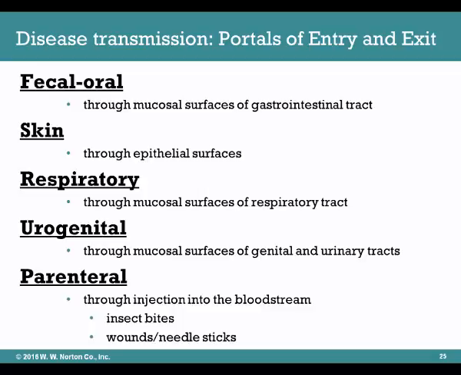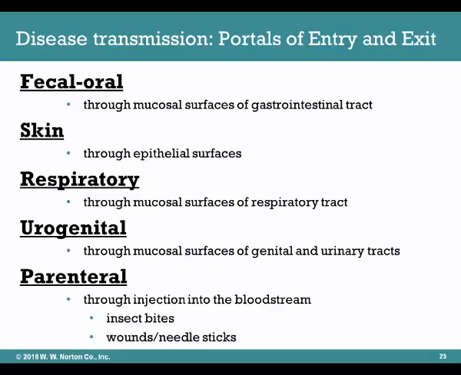Urogenital, so through mucosal secretions that are in the genital and urinary tracts, and this can be through sexual transmission or exposure to those surfaces if they're not kept clean.